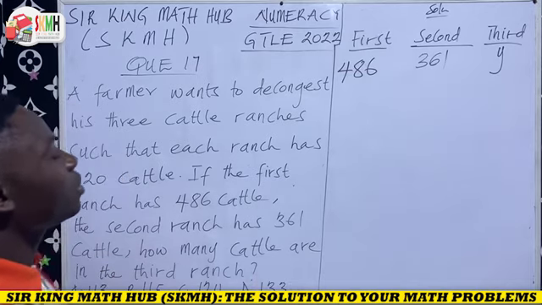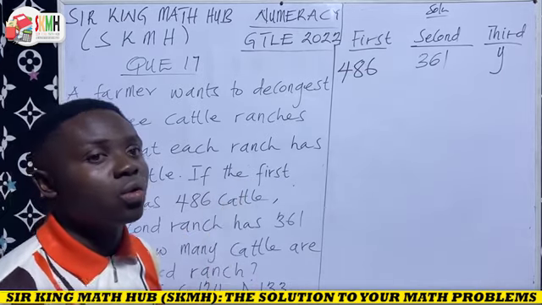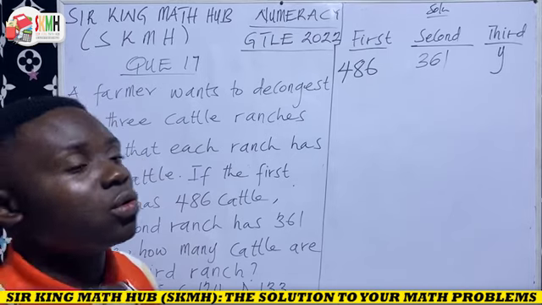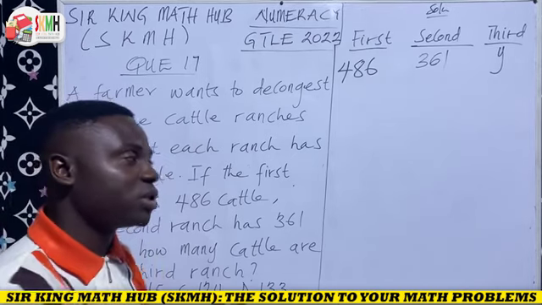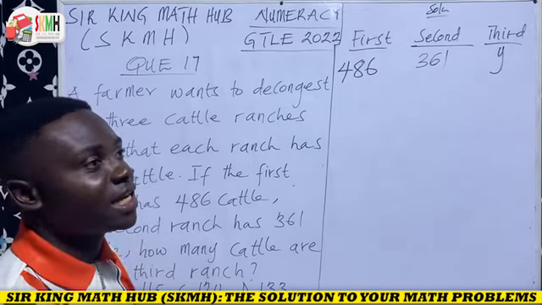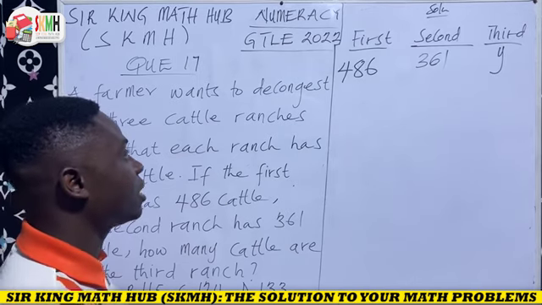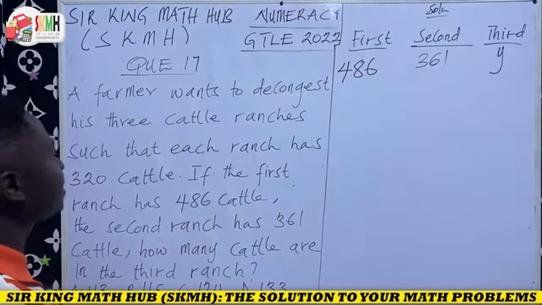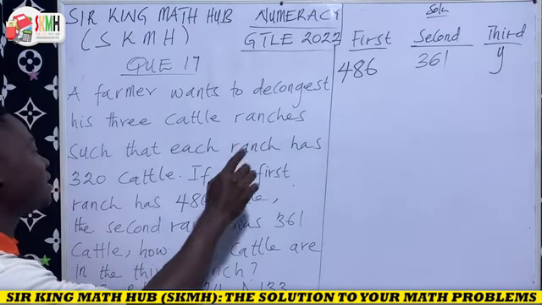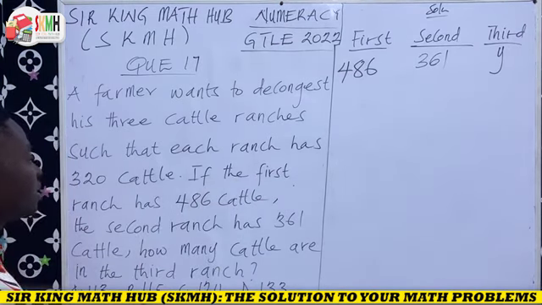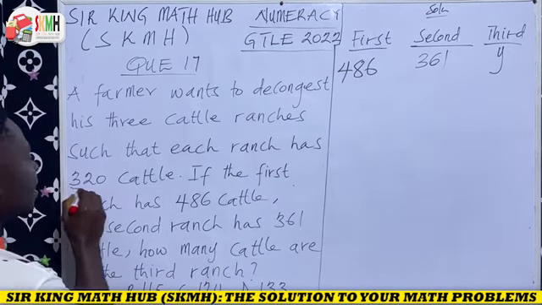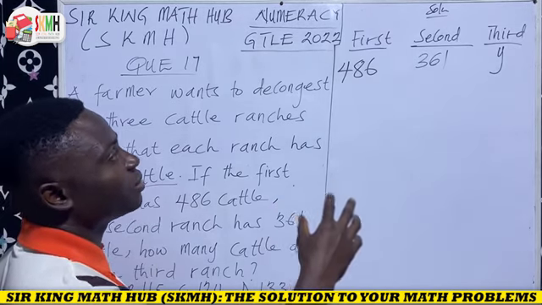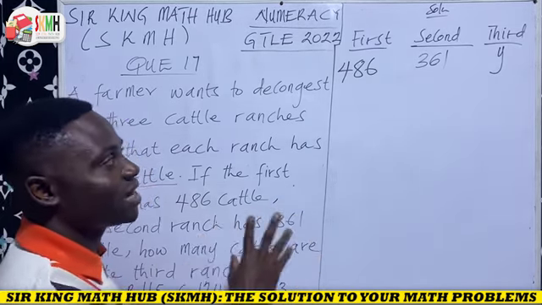Now, what is the total number of cattle owned by this farmer? It was given in the question, but in an indirect way. So let me draw your attention. A farmer wants to decongest his 3 cattle ranches such that each ranch has 320 cattle. So after the decongestion, this is what this farmer is expecting.